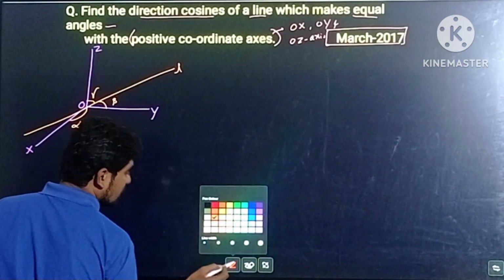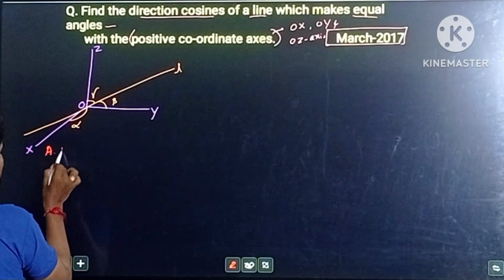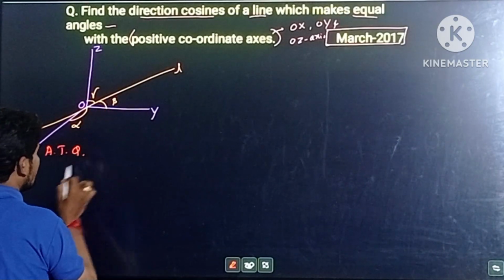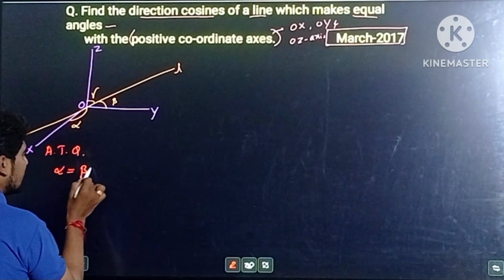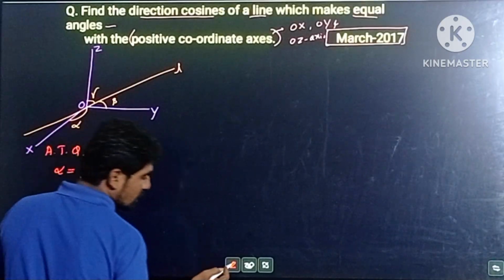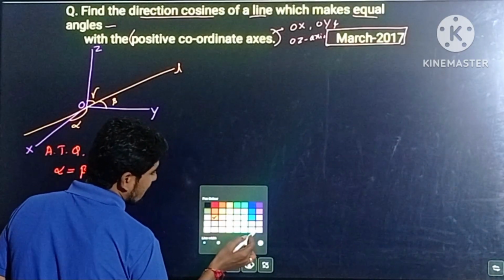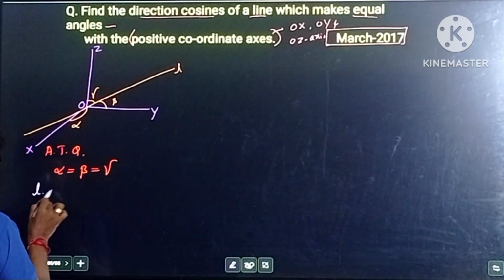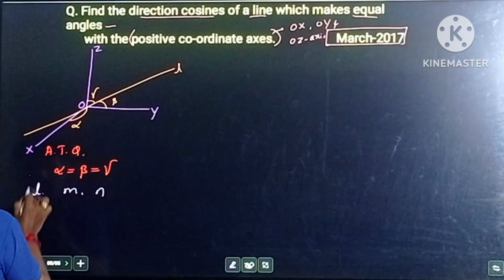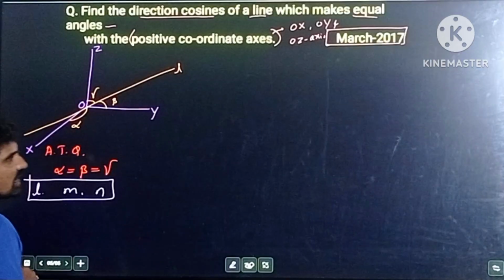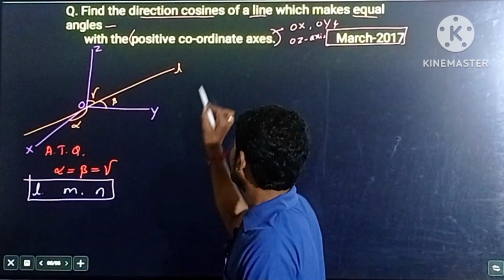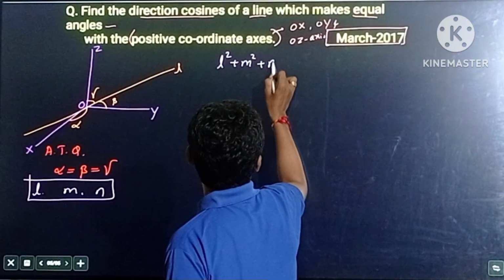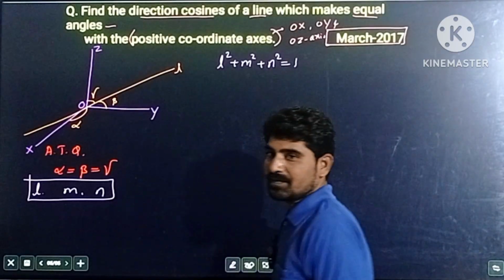According to the question, this line makes equal angles, meaning alpha equals beta equals gamma. Now let's suppose the direction cosines of the line are l, m and n, and we know the relation between the direction cosines of a line: l square plus m square plus n square equals 1.